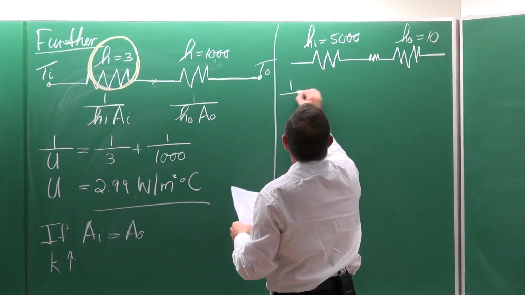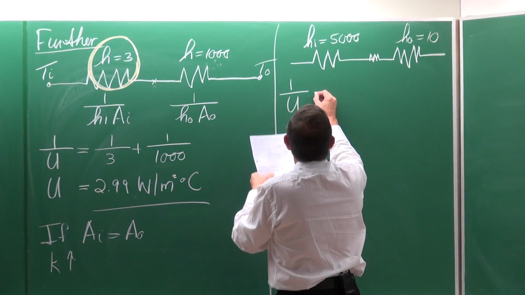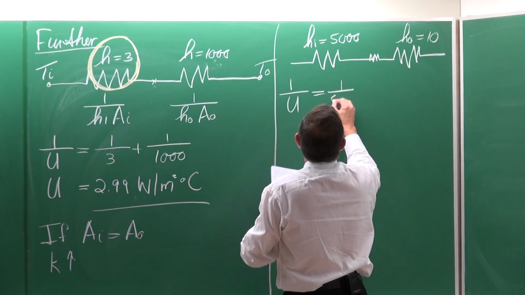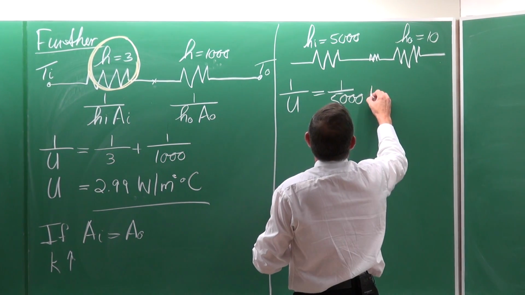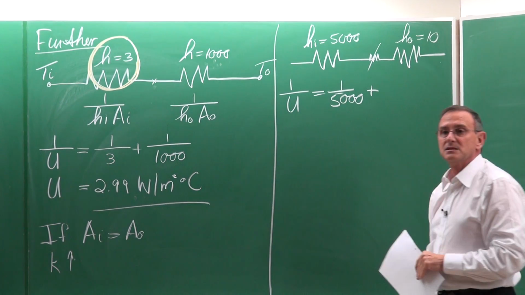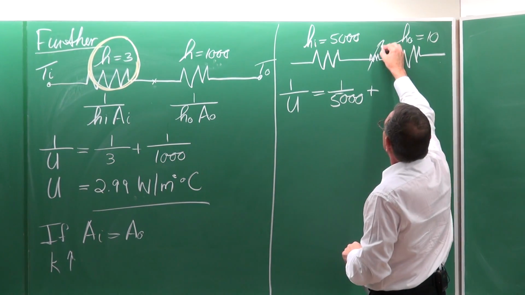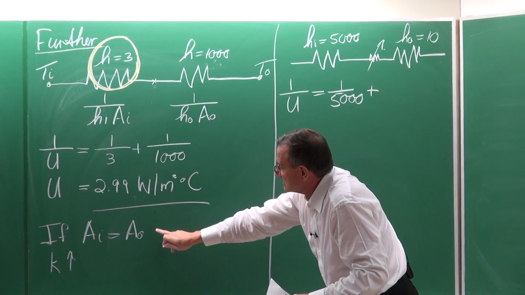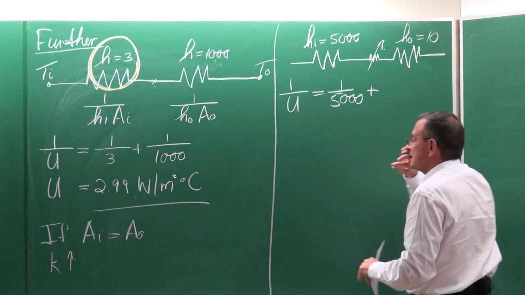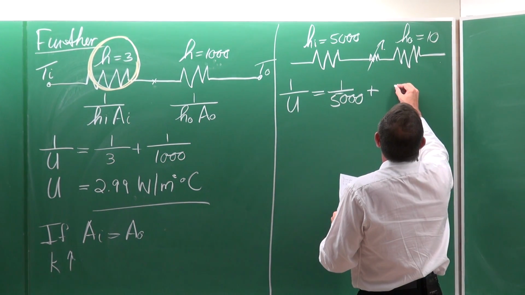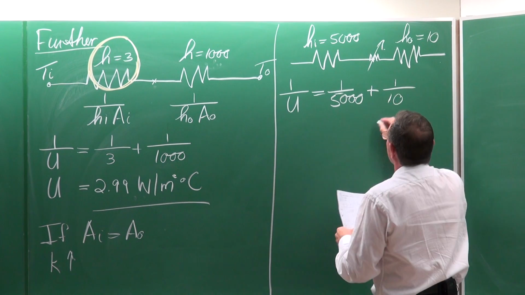Again, you can do it. You can say 1 divided by the overall heat transfer coefficient is equal to 1 divided by 5,000. Okay, that resistance is equal to 0 because areas are equal, thin areas, K is very high. Plus 1 divided by 10.